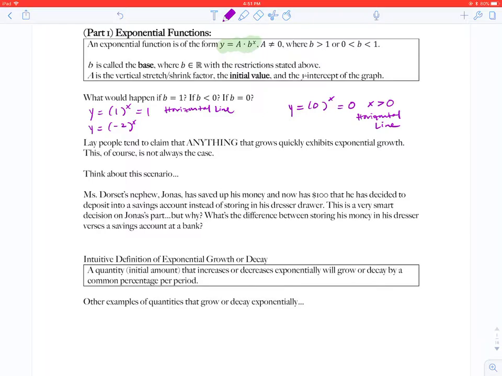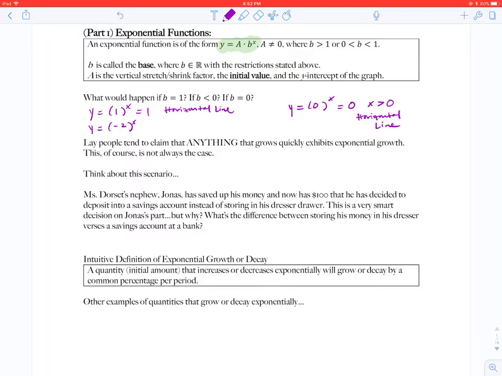That means that if he puts his money in the account, then a year later, he will now have $102. And then a year after that, just assuming he himself is not putting any more money in, it'll be 2% more. And the year after that, 2% more than that.